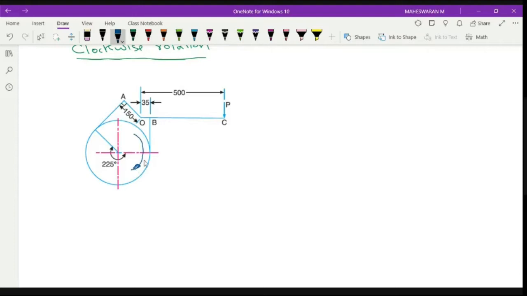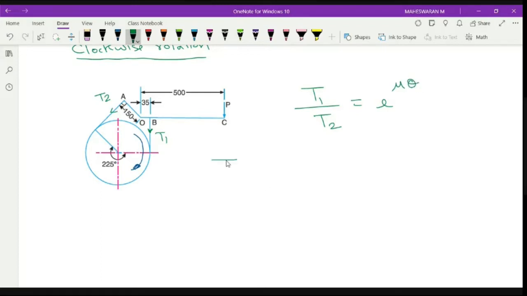In that case, this B will be having T1. So this will be my T1, because this is my tight side. When I go here, this will be the slack side, T2. I know the equation T1 by T2 is equal to e power mu theta. This is one formula I know.